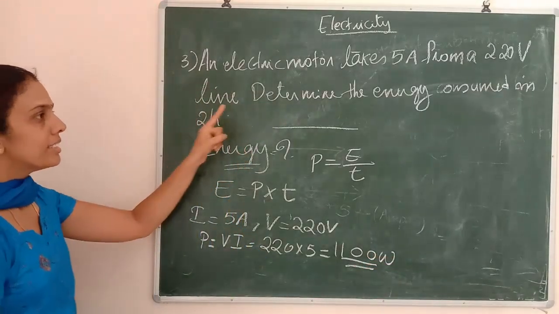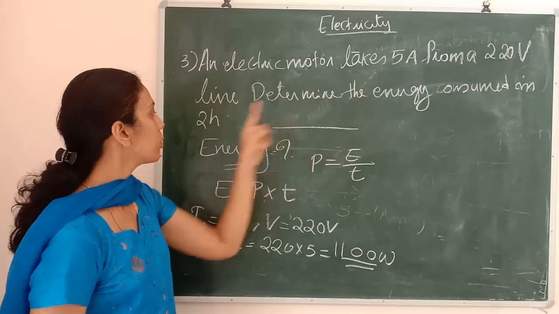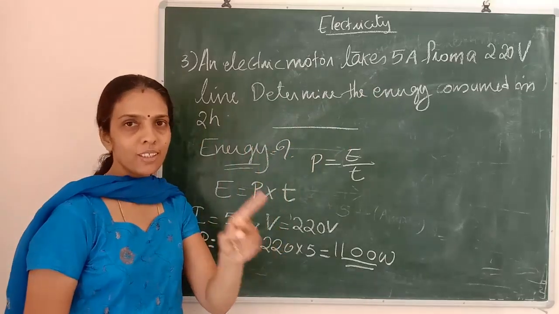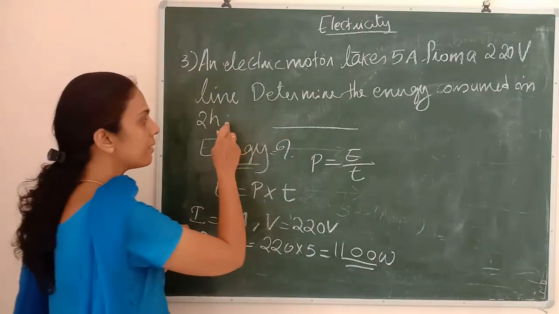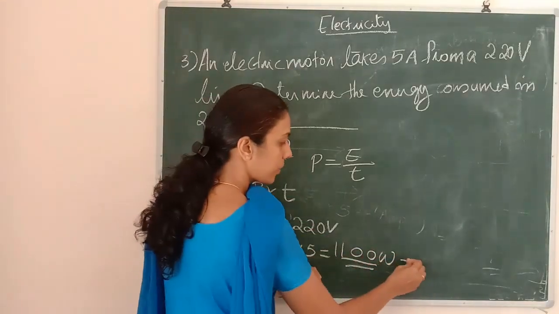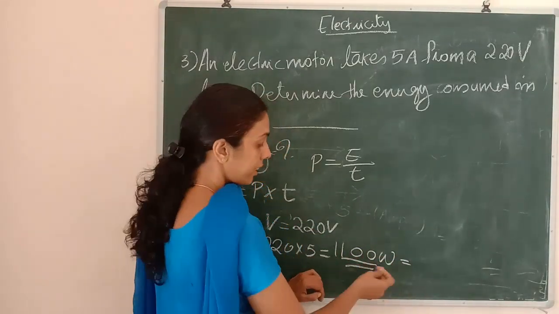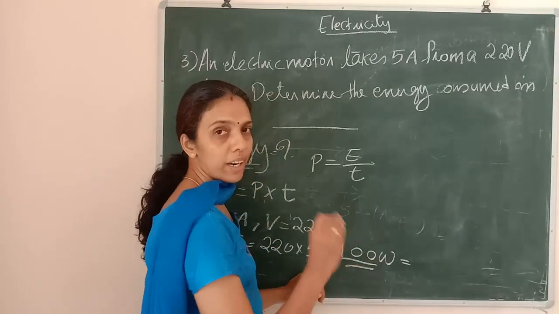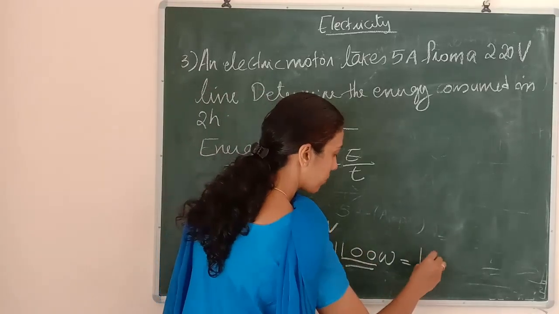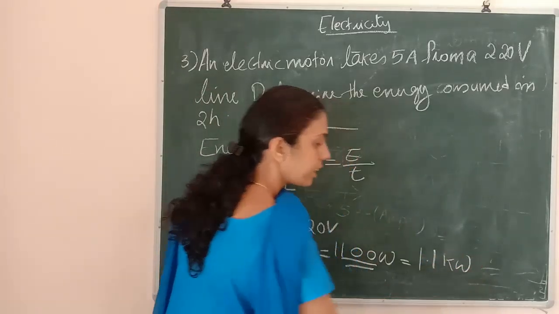Then determine the energy consumed in 2 hours, not in 1 second. So that is in hours. Better you convert this into kilowatt, dividing by 1000, so it will be 1.1 kilowatt.